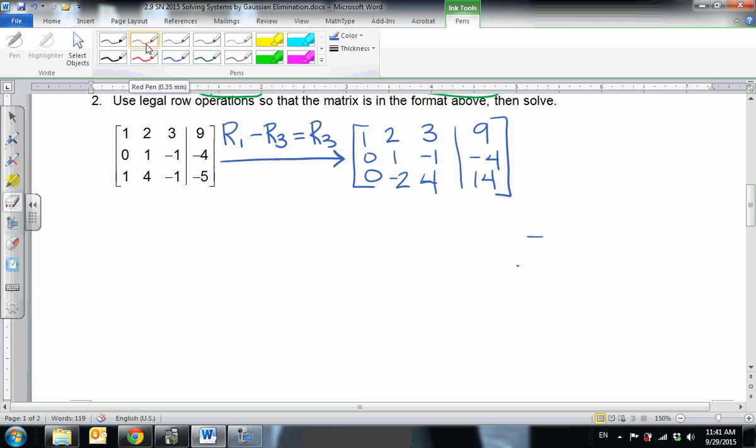Why do you just multiply all in one? You could have, like I said, there's a lot of different routes to get here. I'm showing you one pathway, okay? All right, so let's give that pathway a shot. I'm going to do 2 times row 2, and add that to row 3 to become my new row 3.